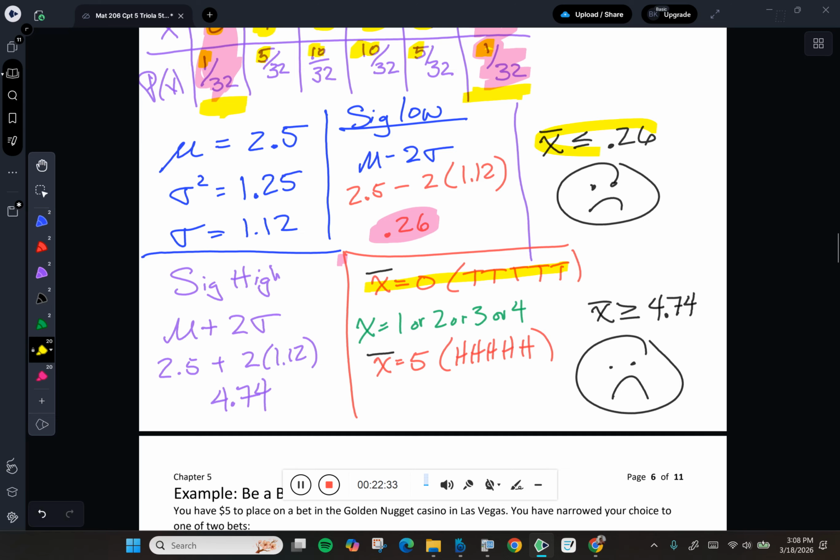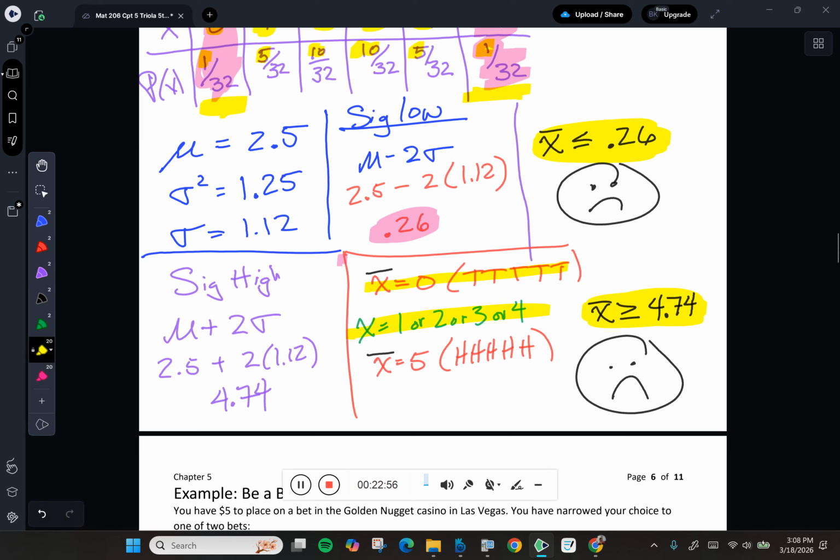But definitely, if I run the experiment a bunch of times and I'm getting a really low mean number of heads, or a really high mean number of heads, I'm going to start wondering what's going on with these coins.